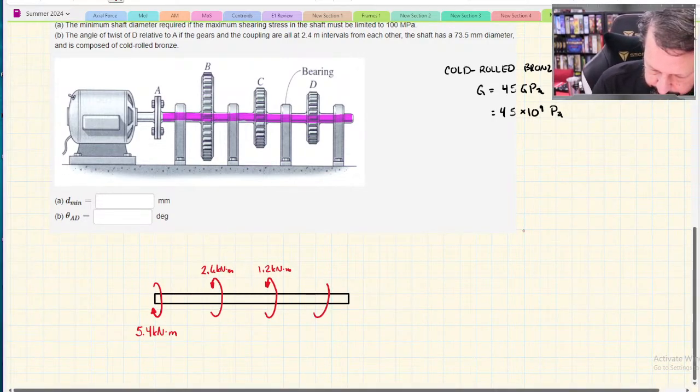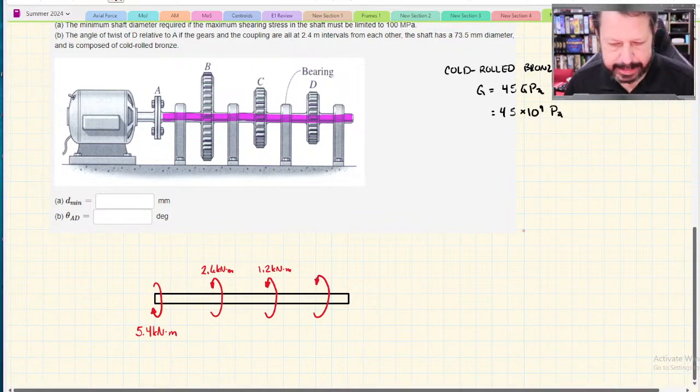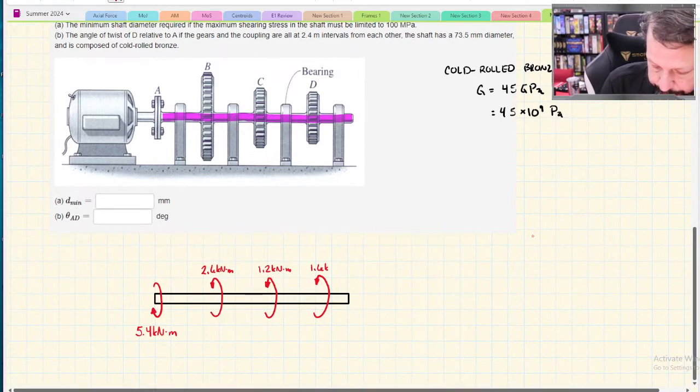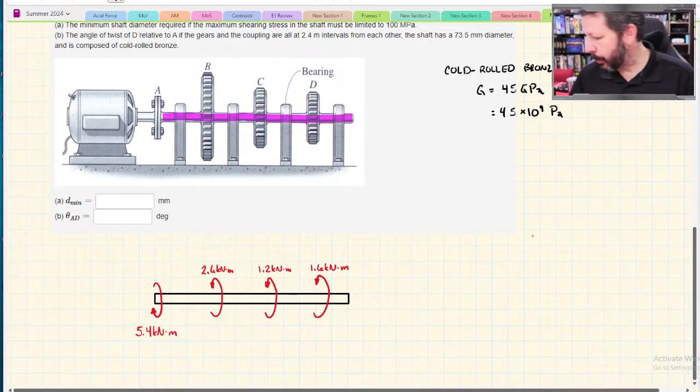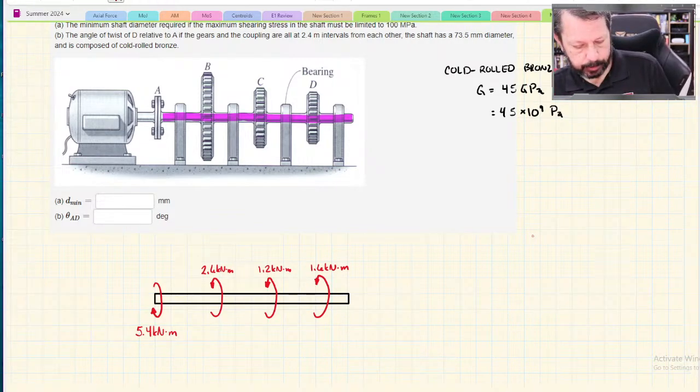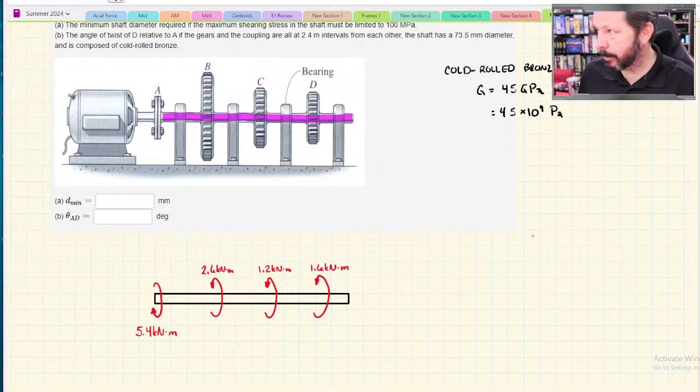And then finally D with 1.6. Now, hopefully, let's just check, our input 5.4 should equal all the output. So 5.4 minus 2.6 minus 1.2 minus 1.6 does indeed equal 0. So all that we put in comes out somewhere.